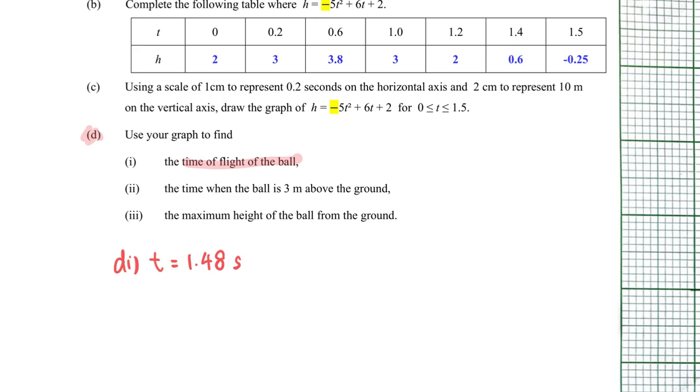Part 2. What is the time when it is 3 meters above the ground, meaning the h is equal to 3.